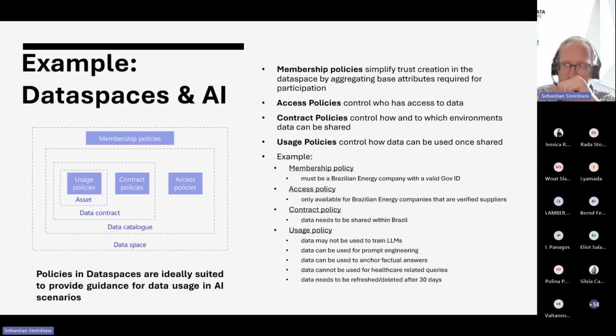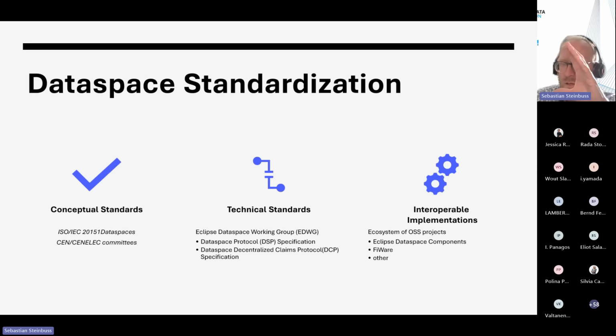So, this is where we're talking about this data spaces standard, this conceptual standard on data spaces. And we need more. We have a variety of standards and parts that we really need to come up with in standardization. The one thing is those conceptual standards explaining what is a data space, for example. This is what is happening, for example, in 2151.